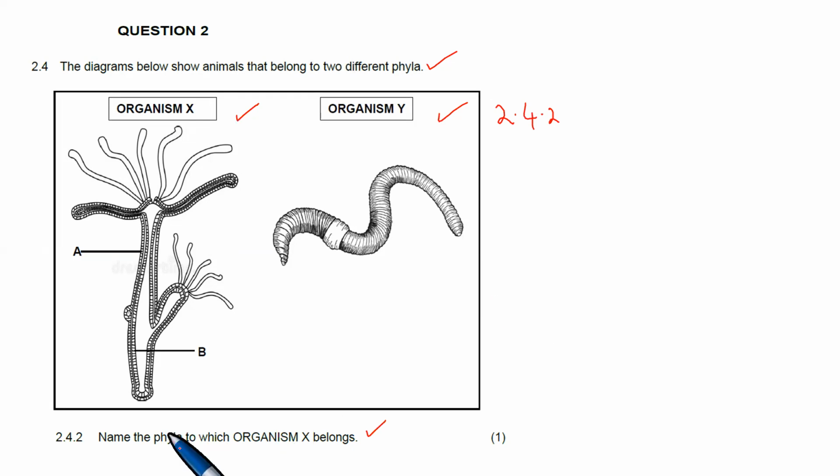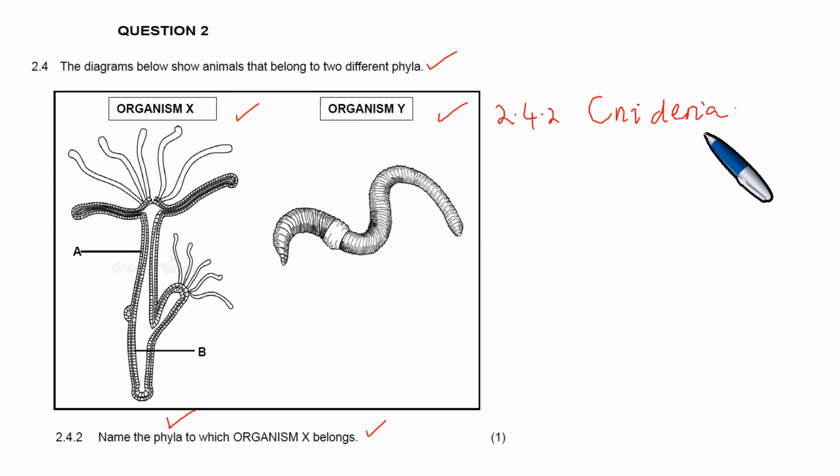But if you look at 2.4.2, name the phylum to which organism X belongs. This kind of organism, with the finger-like structures, obviously belongs to a certain phylum, and we spell the name like this.